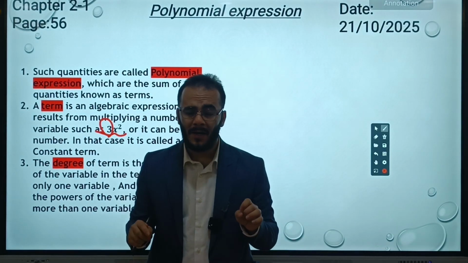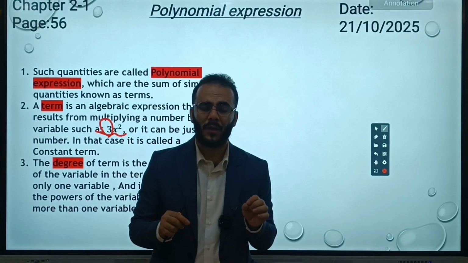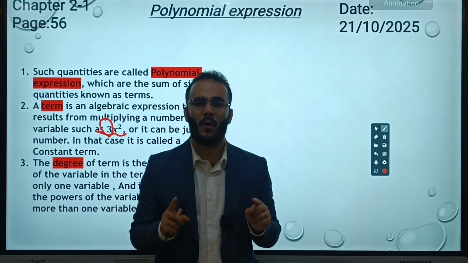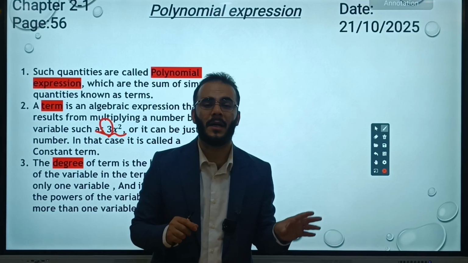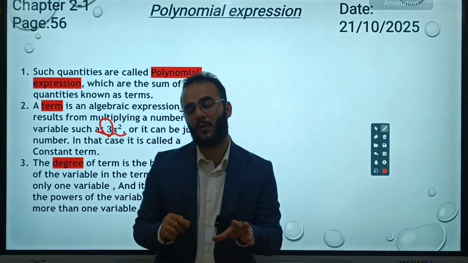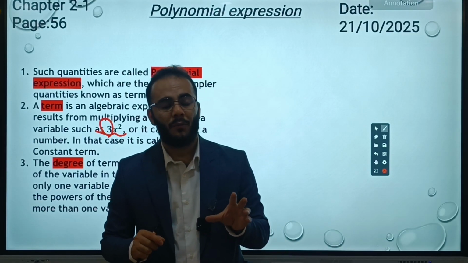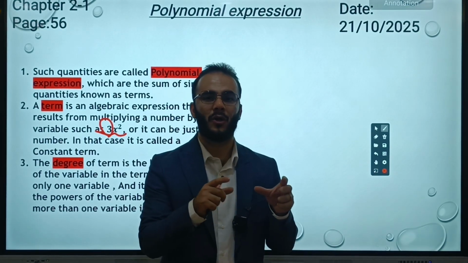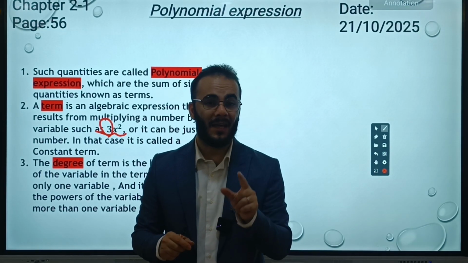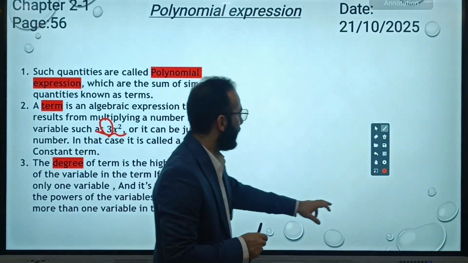In case we have more than one variable in one term, we are not going to count on the highest exponent, but on the sum of the exponents of those variables that we have in that term.